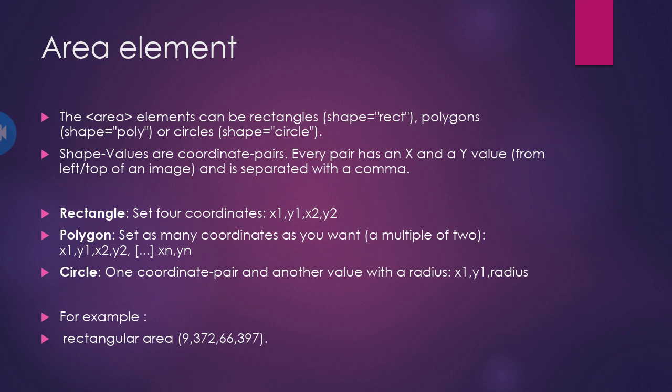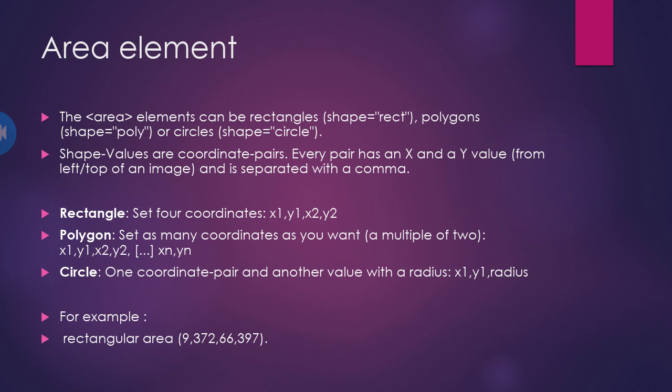If you use a polygon, you can choose 5, 6, 7, 8 points according to your choice. So you choose coordinates as x1, y1, x2, y2 and so on. If you use a circle, you have to use x1, y1 and radius.